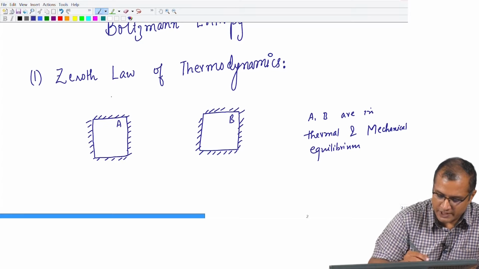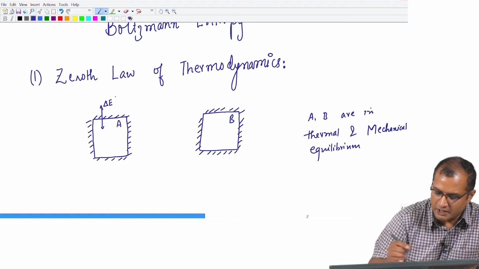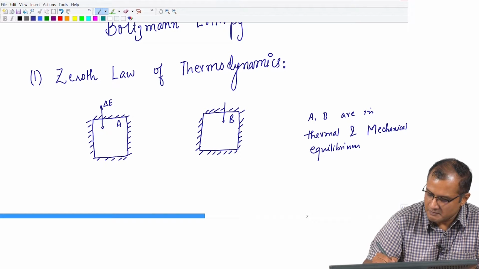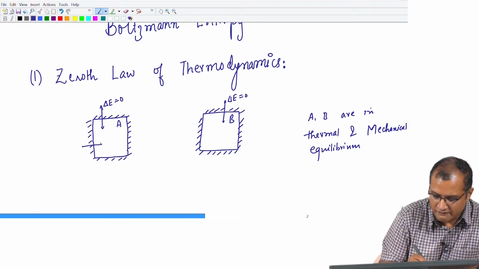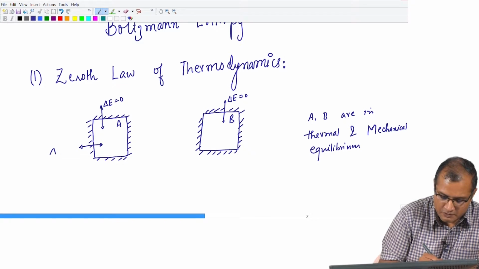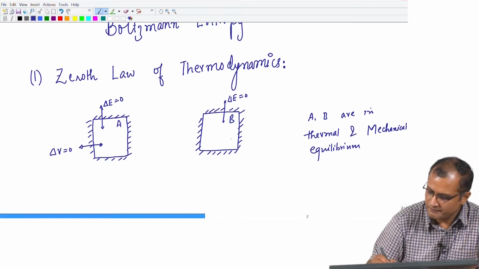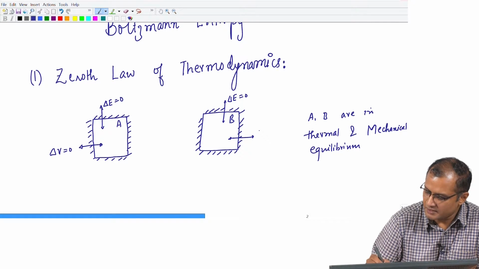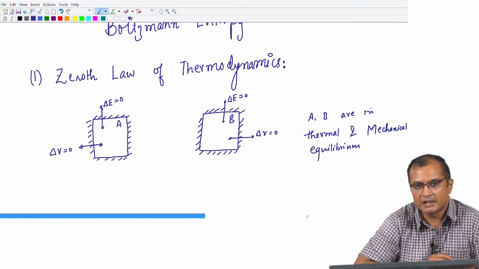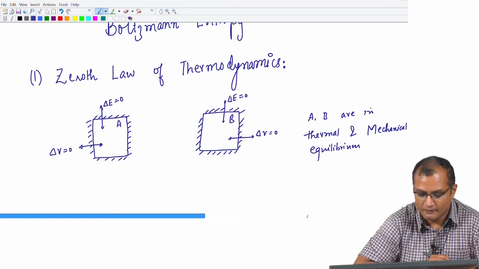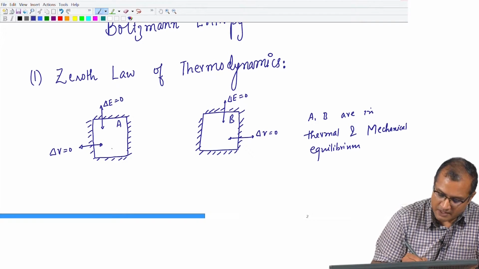So, there is absolutely no way in which energy can leak out of the system. And the walls are fixed, so the volume cannot change. So, they are thermally and mechanically isolated, and the systems have an energy content.